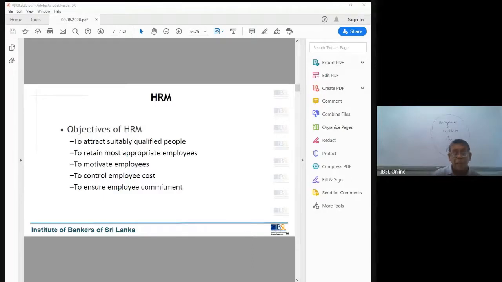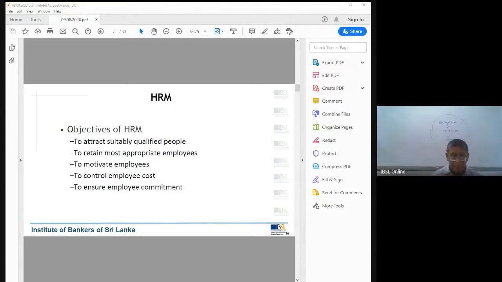In a bank, you have different types of jobs: banking assistant, cashier, like that. So what does job design in HR mean? As a bank assistant, what is the task? What is the duty? What is the responsibility? That is job design.